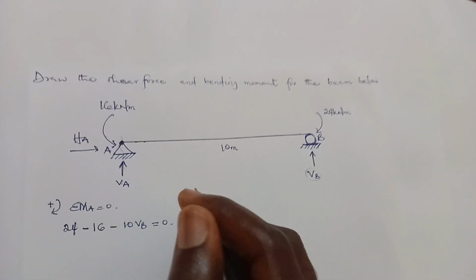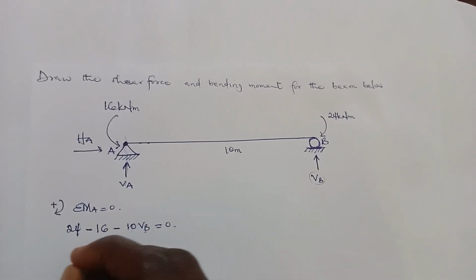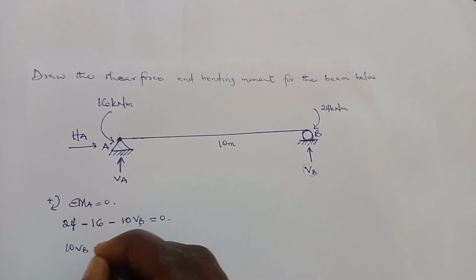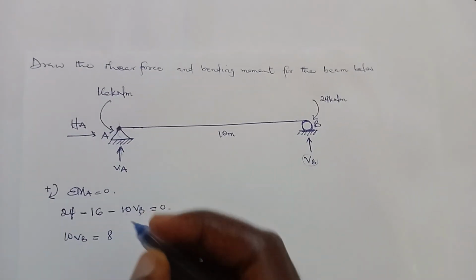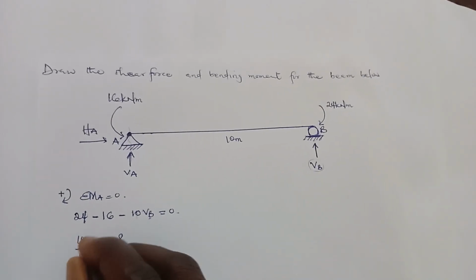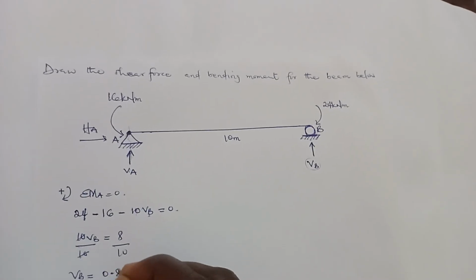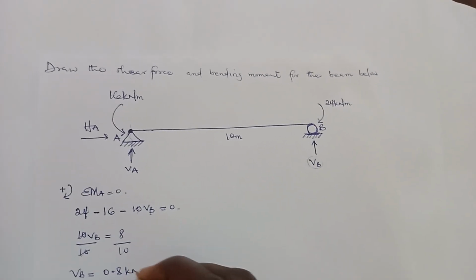Everything here is equal to 0. So let's make VB the subject. When you move 10 VB to the other side, you get 10 VB is equal to 8. We divide through by 10, so VB will be equal to 0.8 kilonewton.